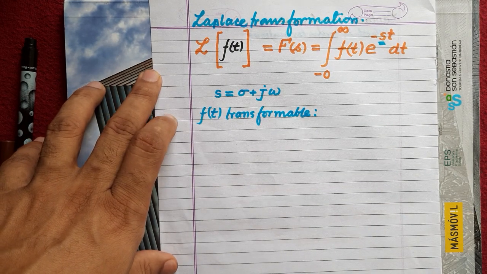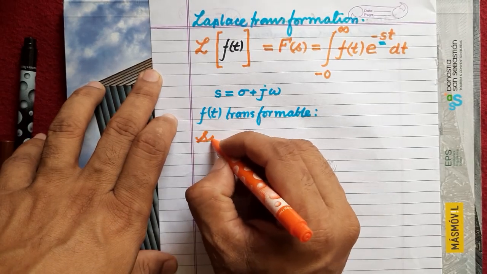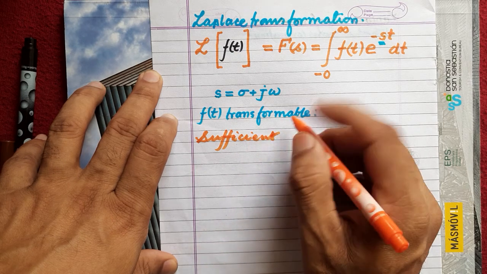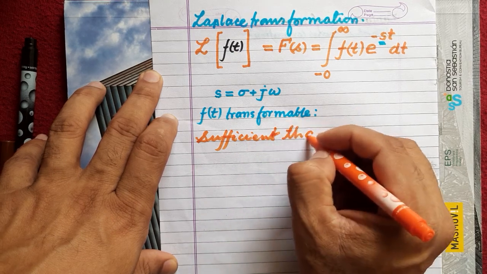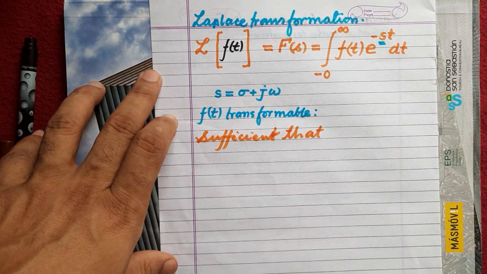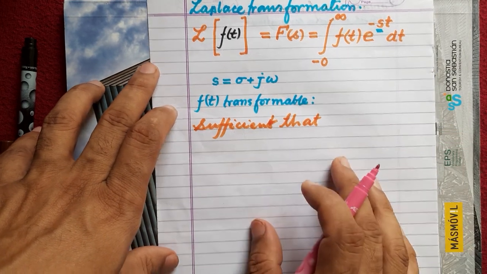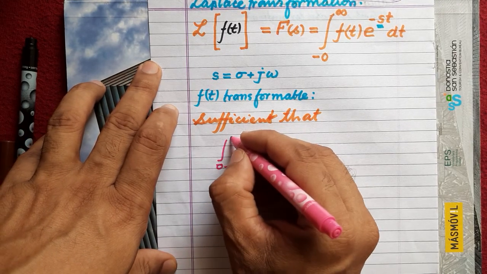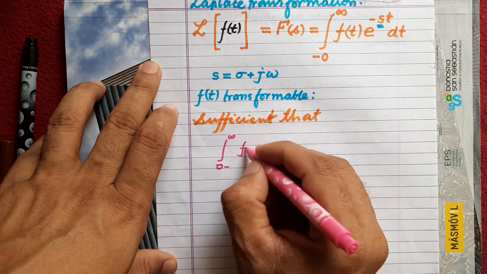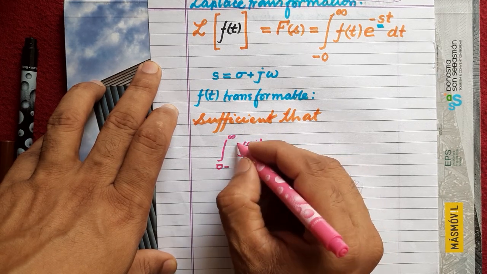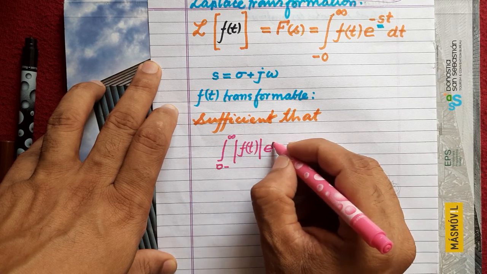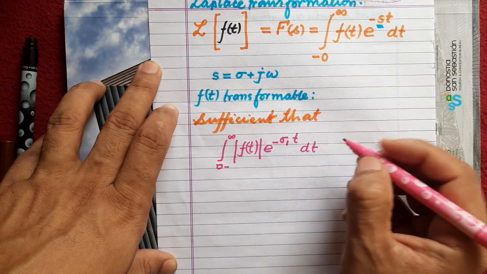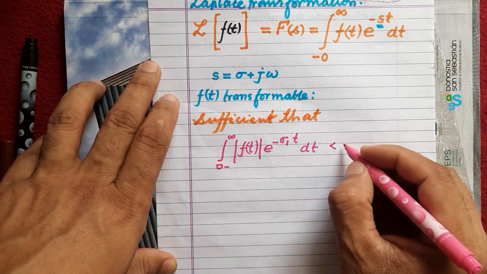For f(t) to be transformable, it is sufficient that the integral over 0 minus to infinity of mod f(t) into e to the power minus sigma 1 t dt is less than infinity.